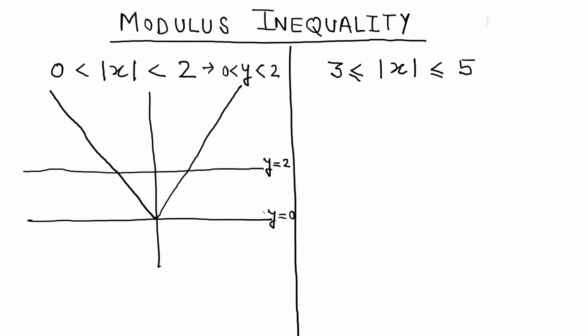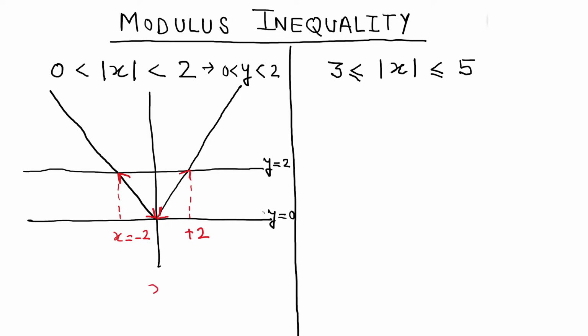If I were to now understand which area would be included, it is this arrow to this arrow and this arrow to this arrow, and then we just need to understand from which point. This point is x is equal to plus 2, and this point is x is equal to minus 2.